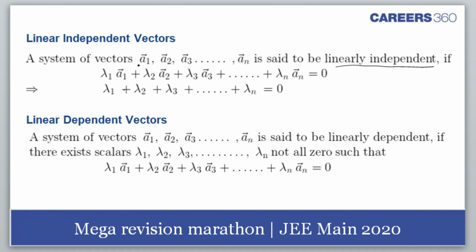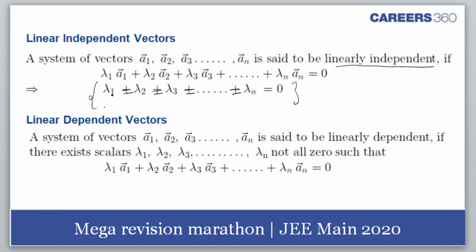Some misprinting is there on the slide. This is linearly independent vectors. Am I right, students? What linearly independent vectors means is that any vector cannot be expressed as a linear combination of the other vectors. That's what it basically means.